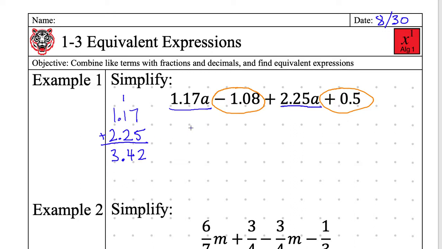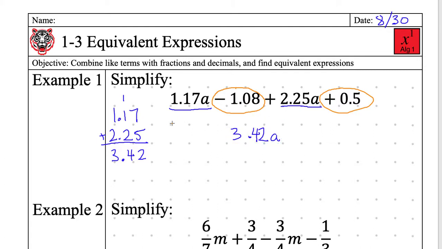So we have 3.42a, and then I have to add the negative 1.08 and 0.5, so again, maybe I should move this a little bit off to the side so I have some room over to the left to work.